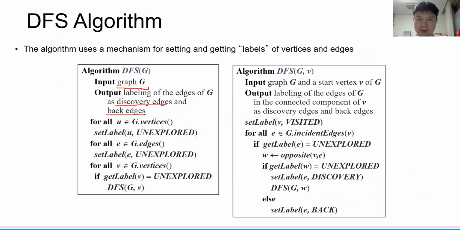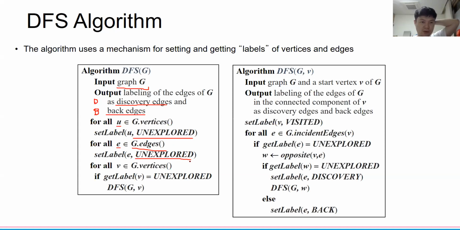Let's say discovery edges is D and back edges is B. For all vertices, set the label unexplored. First all of them are unexplored, and then for all edges, set them also as unexplored.